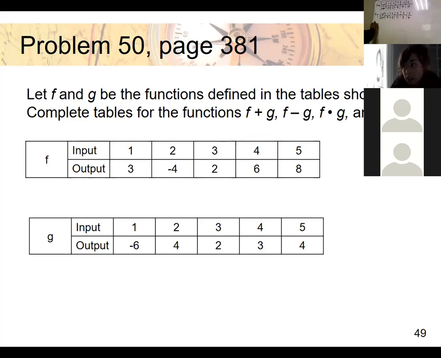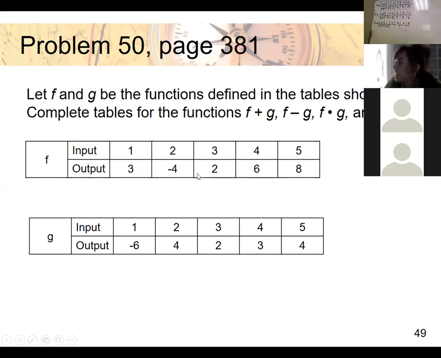Now for f times g, we just multiply our outputs for those corresponding inputs. So in this case here, for the input of 1, we do 3 times negative 6. That's negative 18.